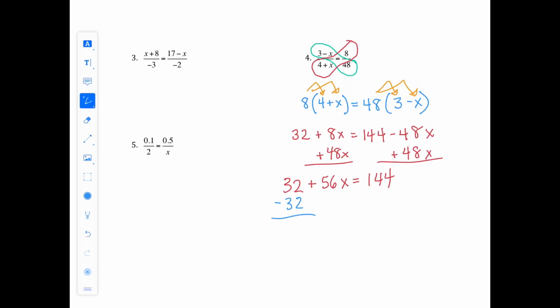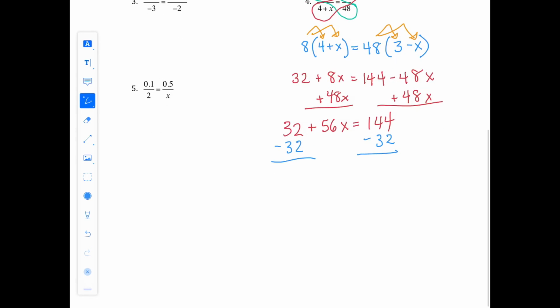So next we subtract the 32 to move that over to the other side, leaving us with 56x equals 112. And lastly, since 56 is being multiplied to x, we divide both sides by 56, and we have that x equals 2.